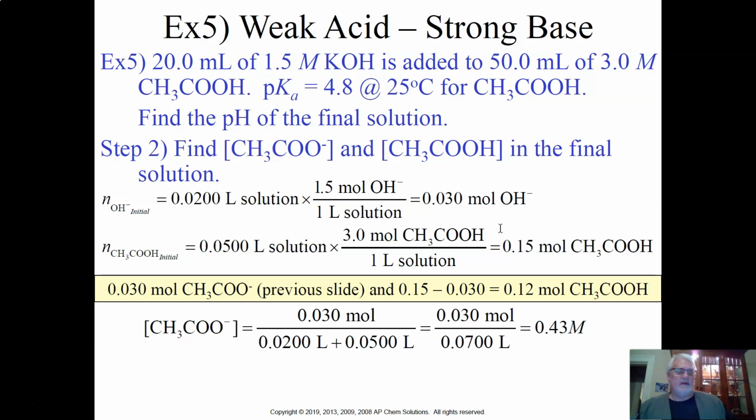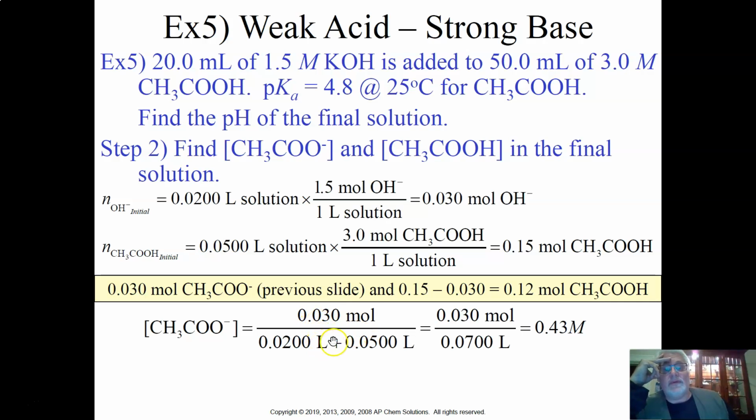So if you want to figure out what the concentration of the conjugate base is here, then you have to take the moles over the total liters.